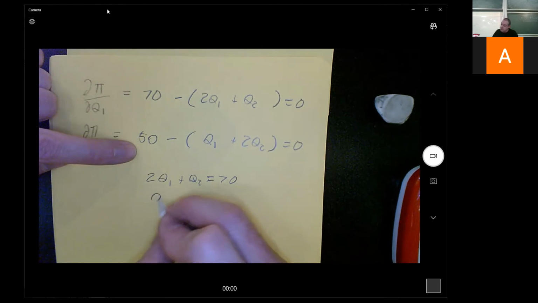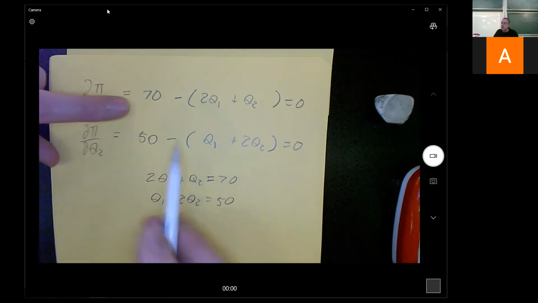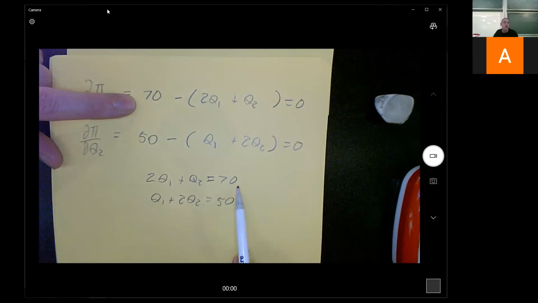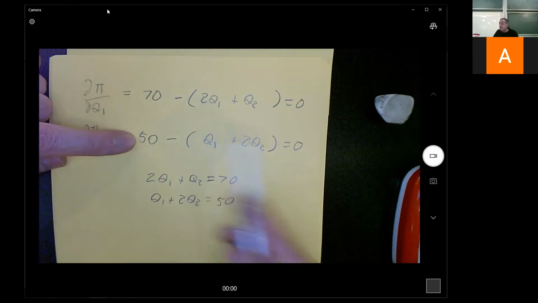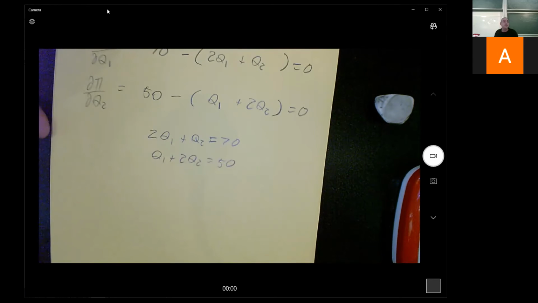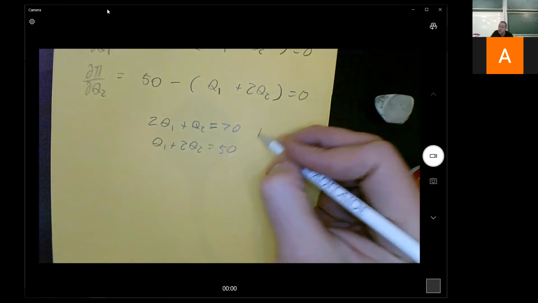And this one's going to give me Q1 plus 2Q2 will have to be 50. Because the only way that 70 minus this number will be 0 is if this number is equal to 70. And the only way that 50 minus this number is 0 is if this number is equal to 50. And these equations feel nicer to me. So I'm going to have to solve those two equations simultaneously. I shall call them 1 and 2.